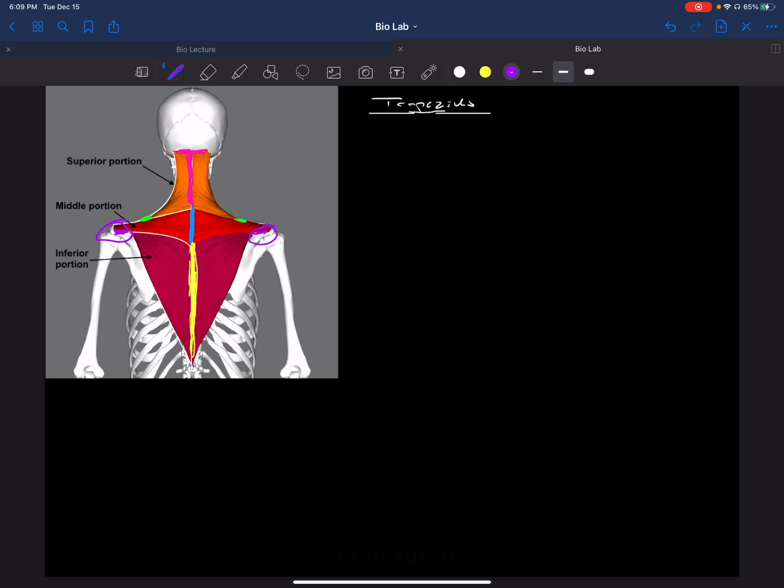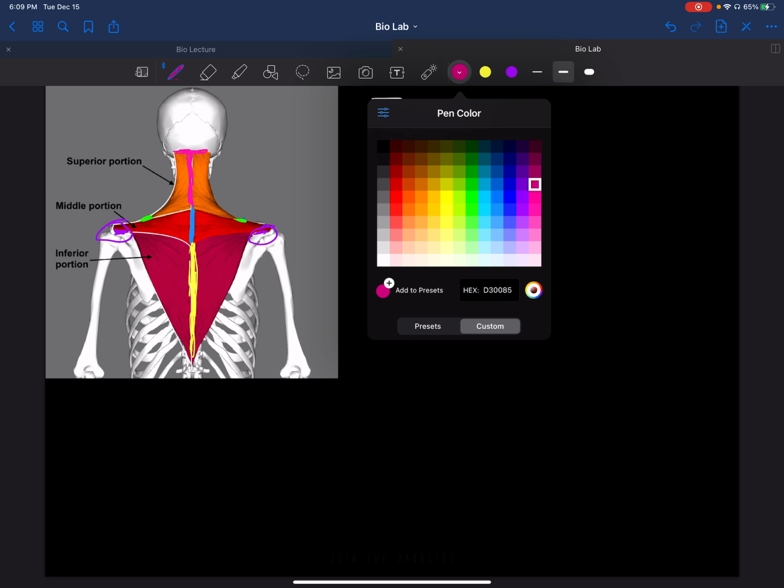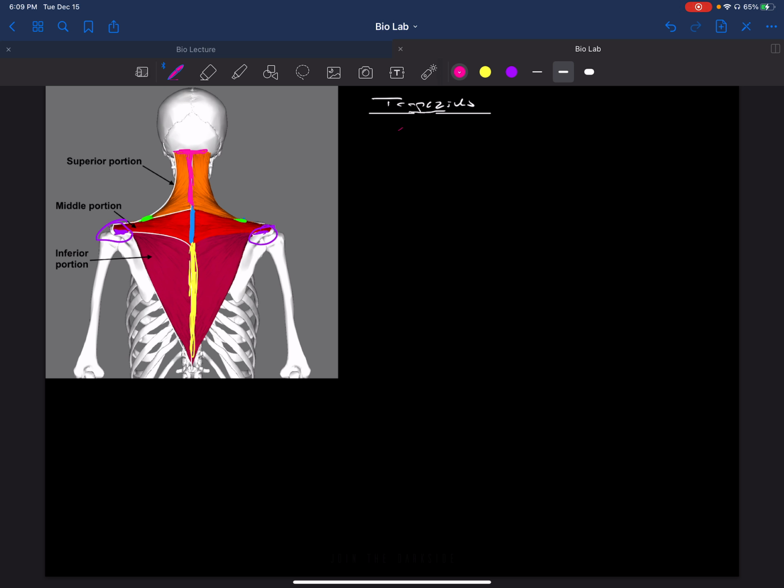And so for each section of the trapezius, there's different patterns of striations. So for example, for the upper portion or superior portion, the striations are diagonal.